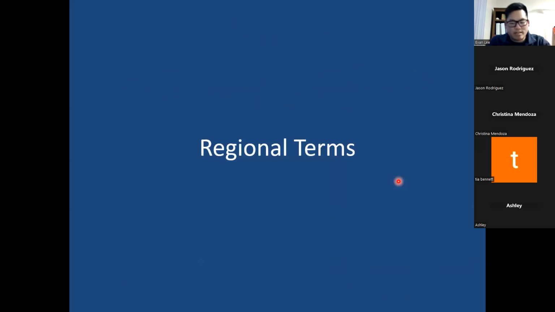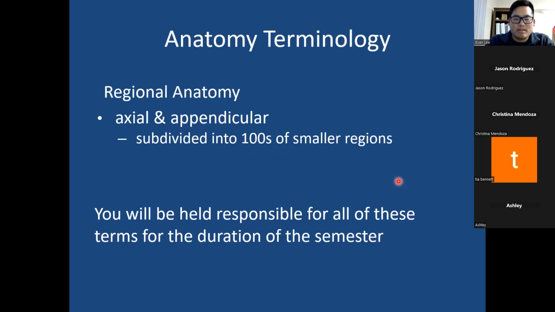Now, this part is kind of a bit dry, I suppose, or just very basic. It's not going to have a whole lot of description, but we just have a lot of terms that we're going to be trying to get familiar with as we start to talk about anatomy. Because what we're talking about here specifically are things called regional terms or regional anatomy.